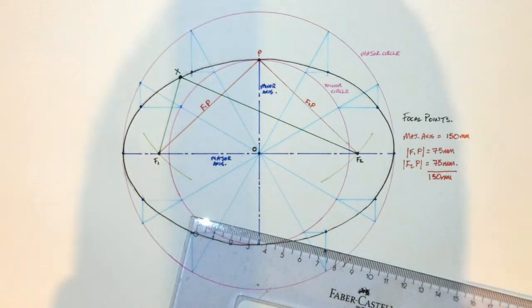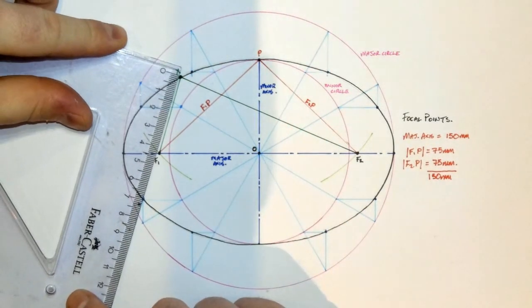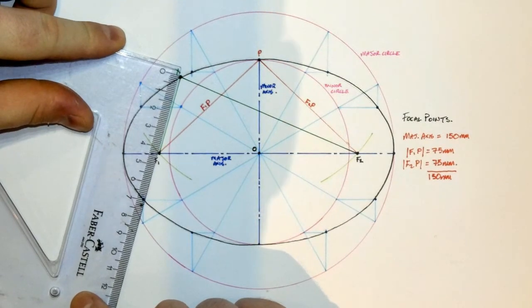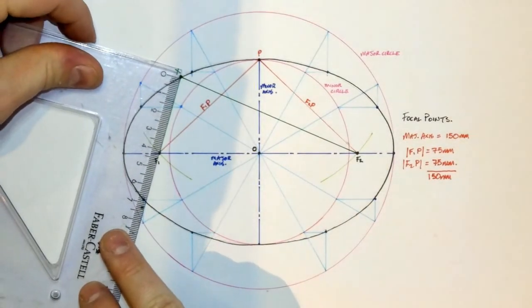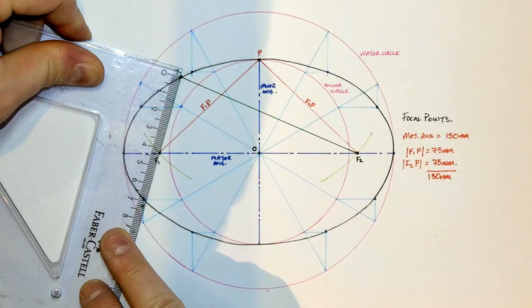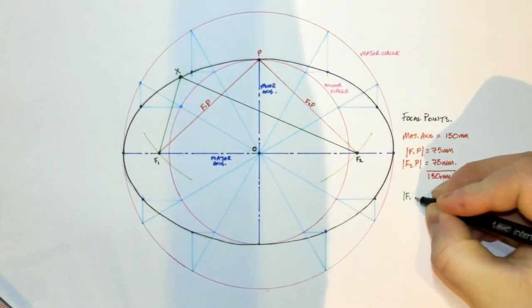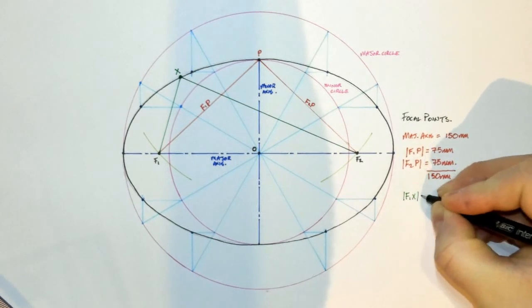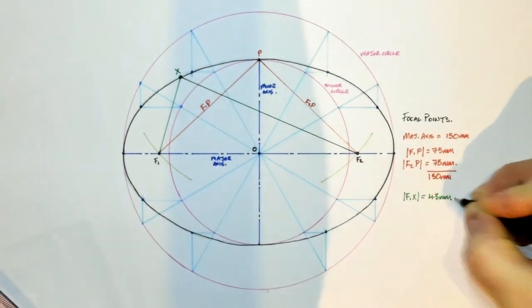Here's the thing. Let us measure again, F1 to X, F2 to X. I randomly placed that point, and it's 43 millimeters. So I'm going to write it down here: F1X equals 43 millimeters.